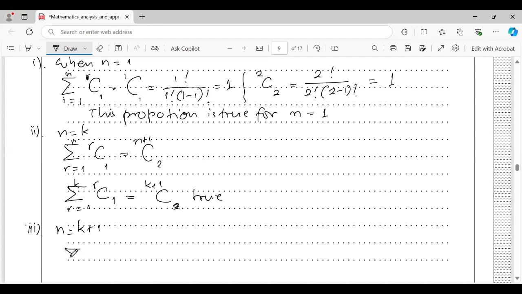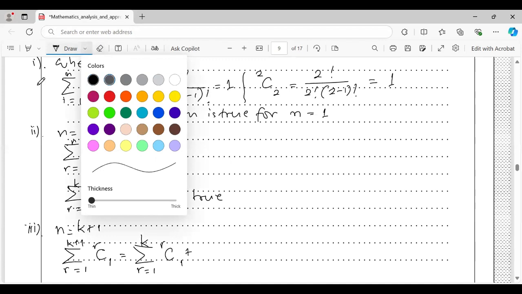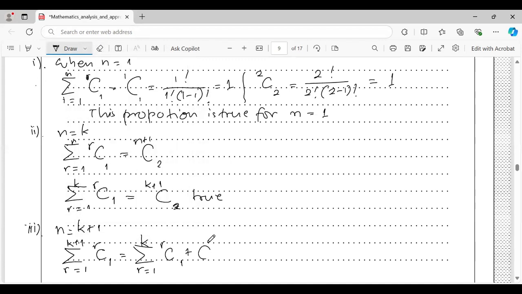So it means if n equals k plus 1, sigma r equals 1 to k plus 1 of this combination, I'm going to separate, because this is k plus 1, it becomes the sigma plus the combination k plus 1 of 1.